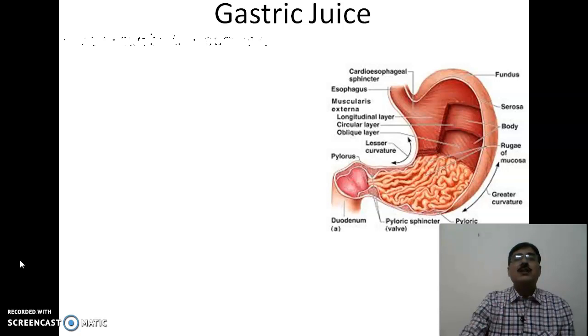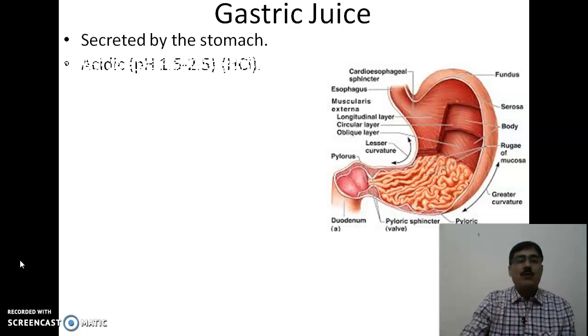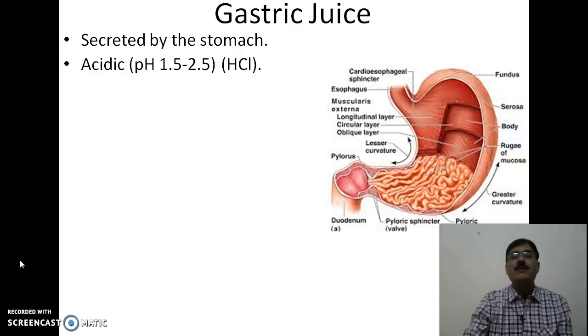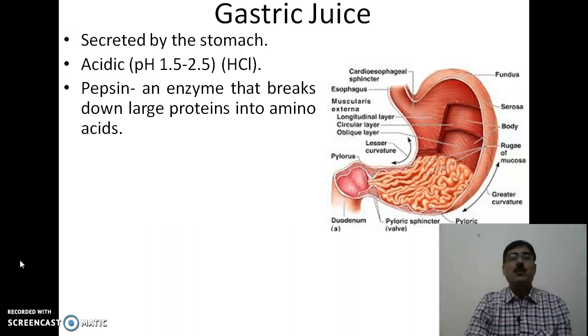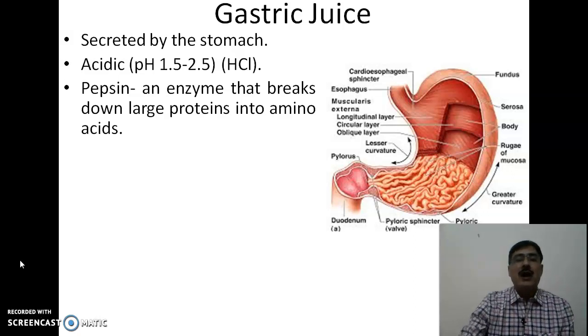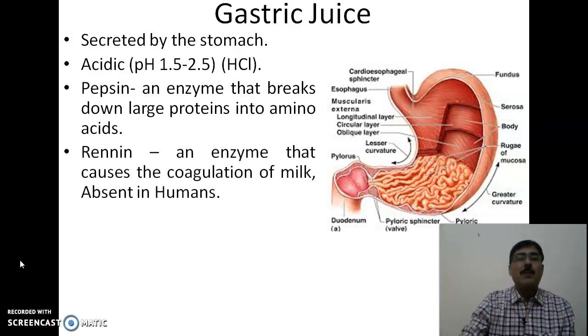Now let us discuss the gastric juice, which is secreted by the stomach. Its pH is highly acidic, from 1.5 to 2.5, due to the presence of a high concentration of hydrochloric acid. Pepsin, I have already told you, is an enzyme that breaks down large proteins into amino acids or peptones.